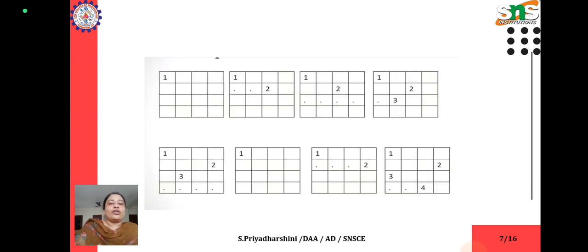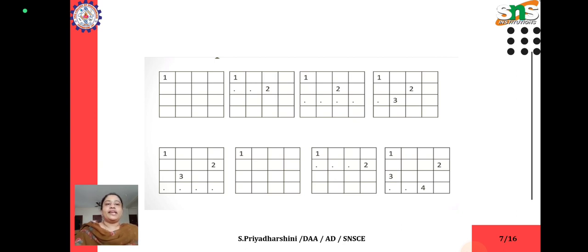So it is a 4 cross 4 matrix. We have queens Q1, Q2, Q3, Q4. First, we take Q1 and check by placing it in the first row, first column. When we place Q1 in the first row, first column, then the second queen should be placed in column 3, because there is no way for queen 2 in column 1 or column 2.